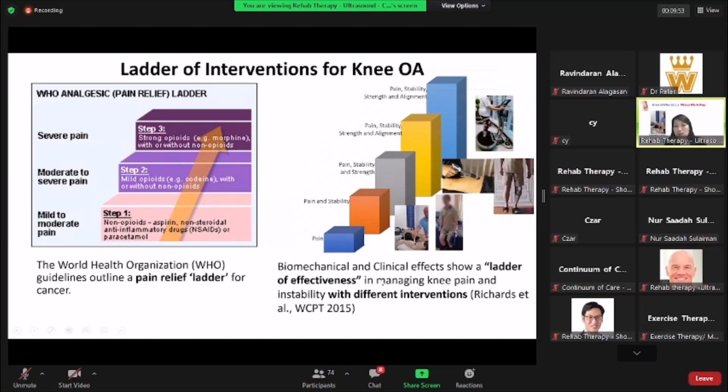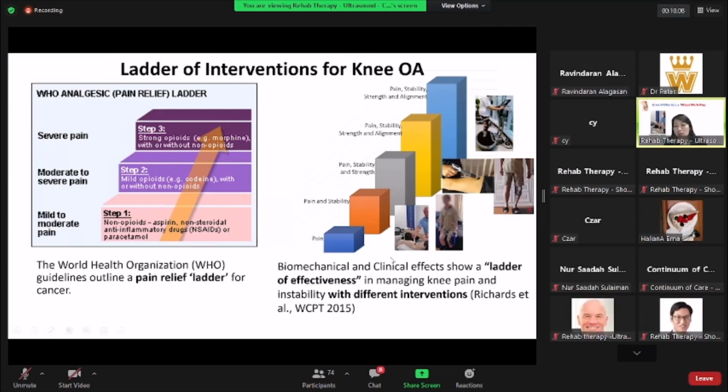He proposed this ladder of intervention for knee pain at the World Congress of Physiotherapy 2015.